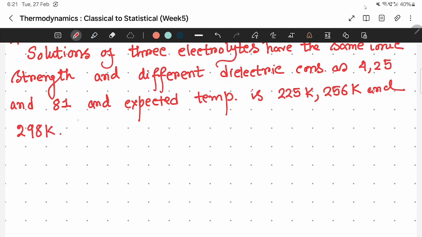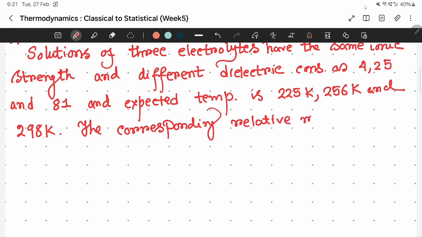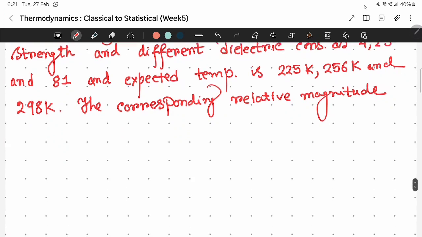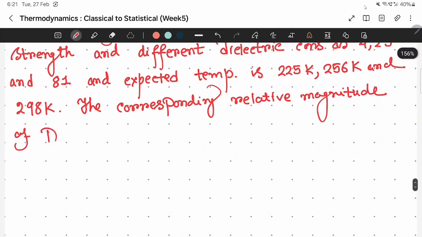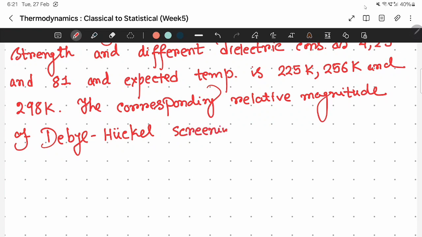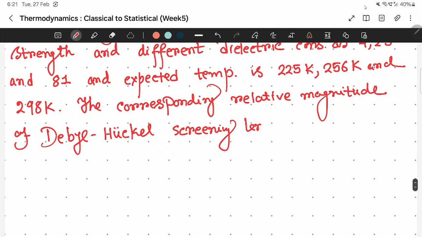The corresponding relative magnitude of the Debye screening lengths of the three solutions.